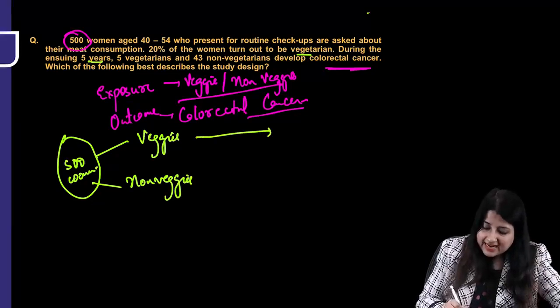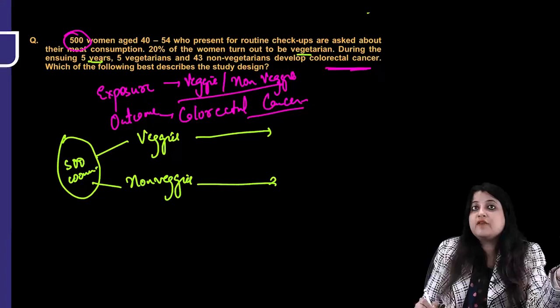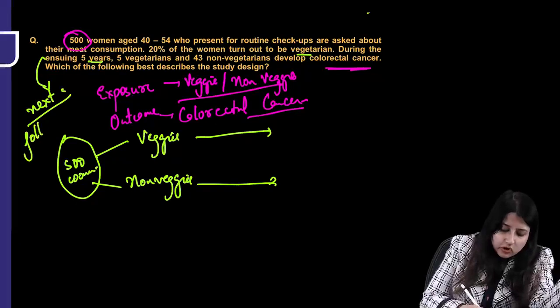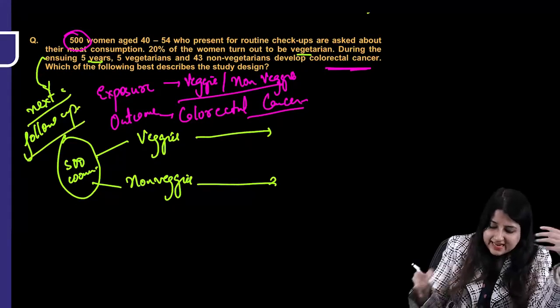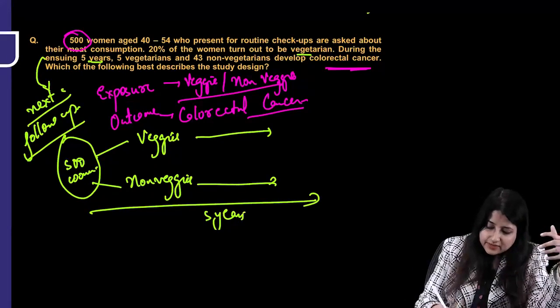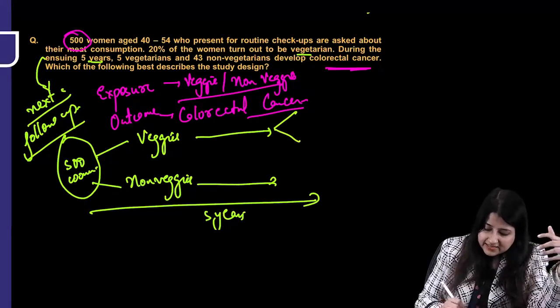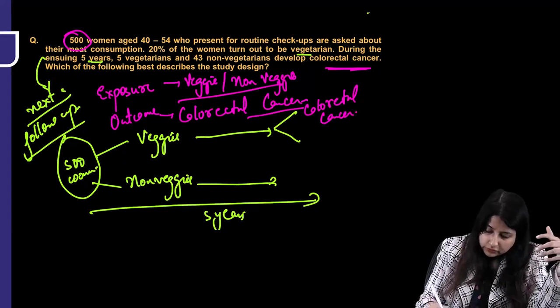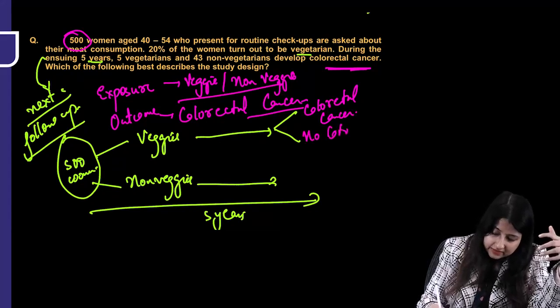And then ensuing means, just to play off English words, ensuing means next. Next 5 years means follow-up of 5 years. Yes, next 5 years. So we are moving forward. In the next 5 years, we see among the veggies and non-veggies, how many go on to develop colorectal cancer?